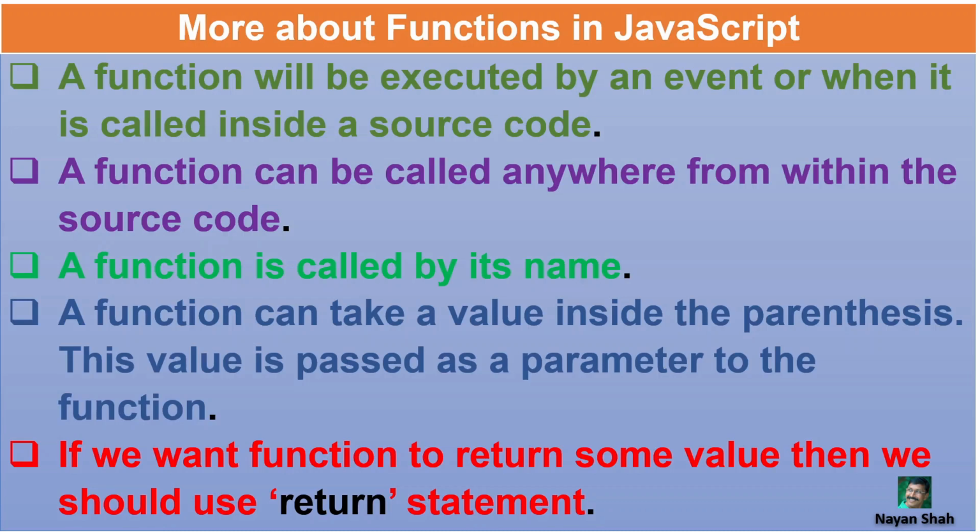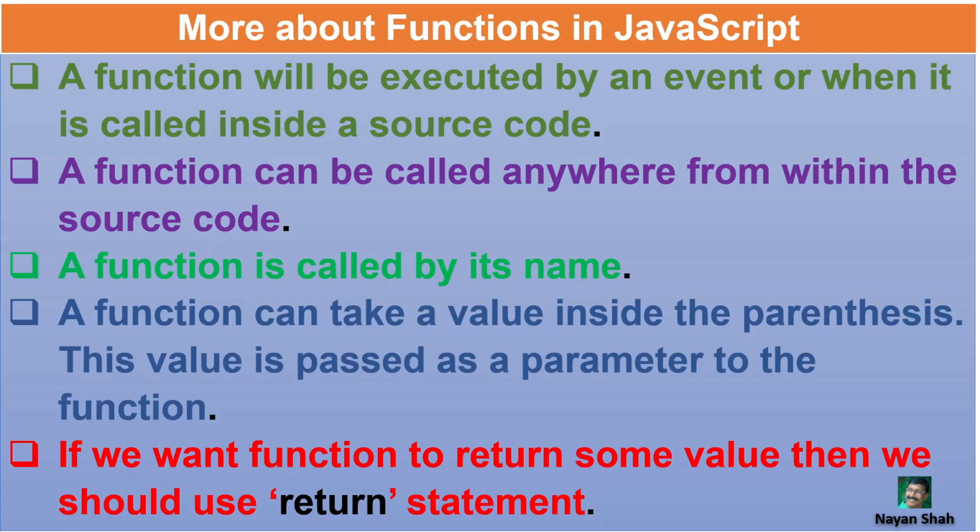But right now, just try to understand that a function is a routine, or a method, which does some activity when a certain event occurs. So whenever a certain event occurs, a function will trigger, and it can be called from anywhere or from any part of the source code, and it must be called by its name.